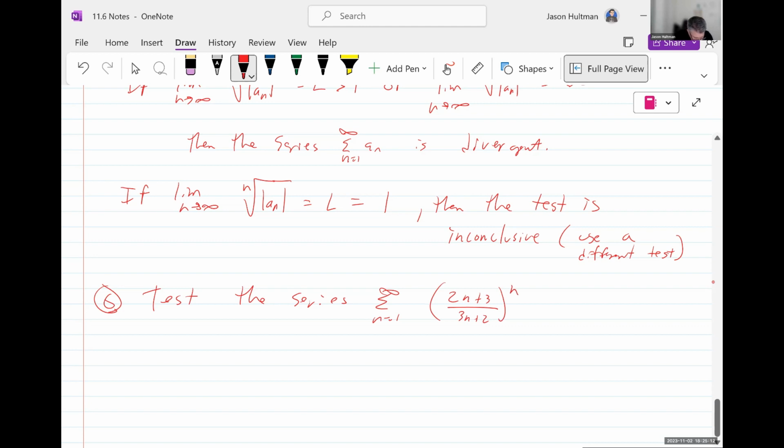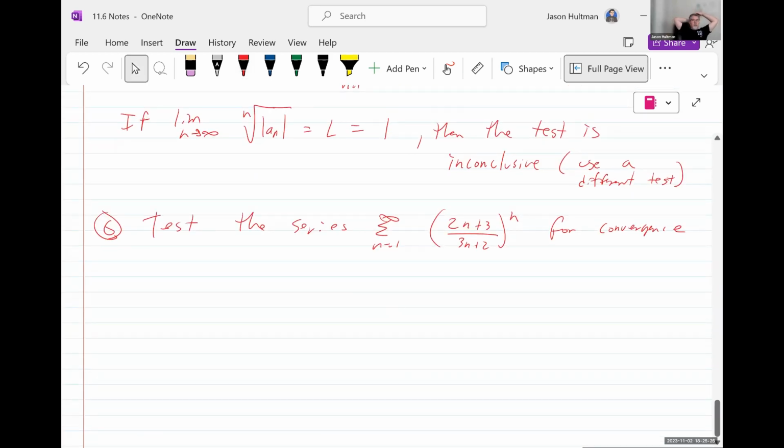Okay, we want to test this thing and see, is it convergent or is it divergent? Okay, so we have these terms that are raised to the nth power. And so we can use the root test.